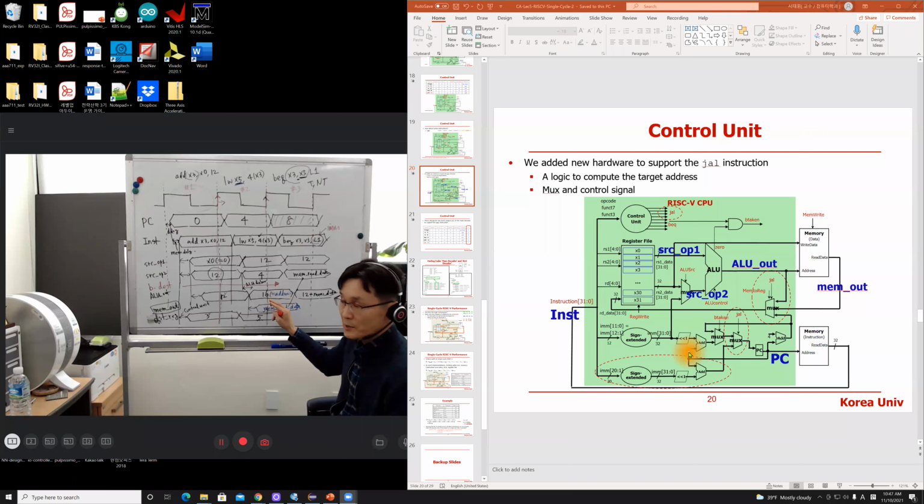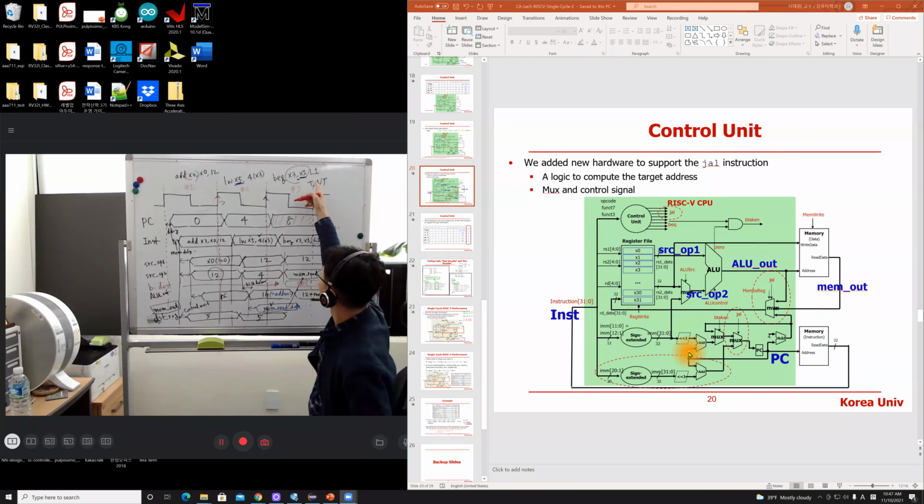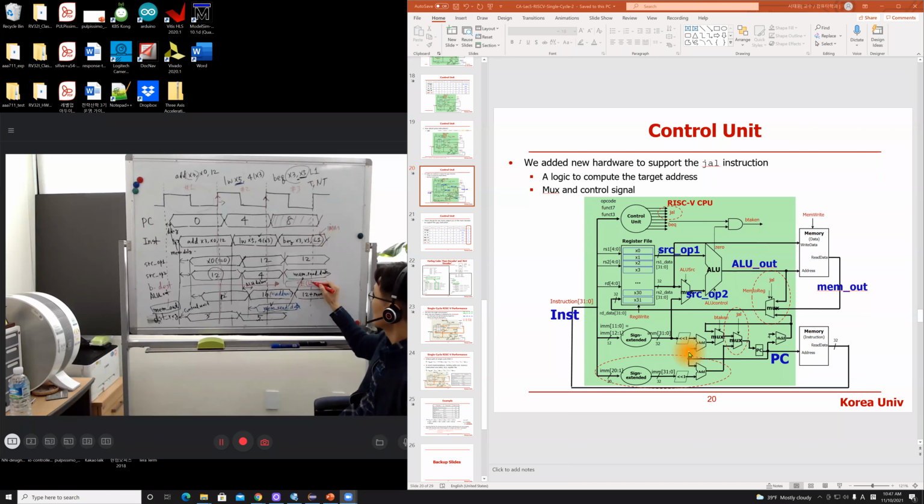The sign extended immediate has roughly the same timing as that mem read data. So that is the sign extended immediate, this label L1. And this one, the red one, will be added with the PC, program counter PC plus the sign extended immediate.